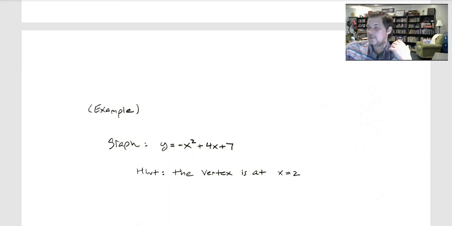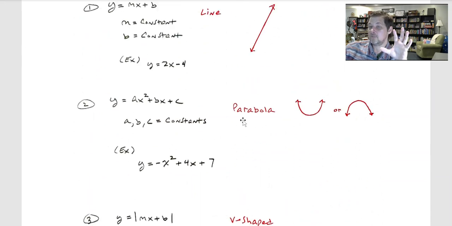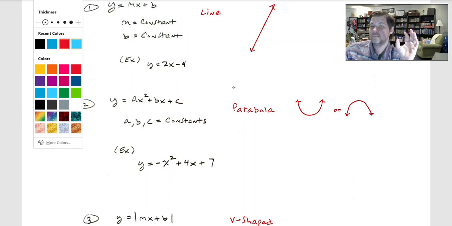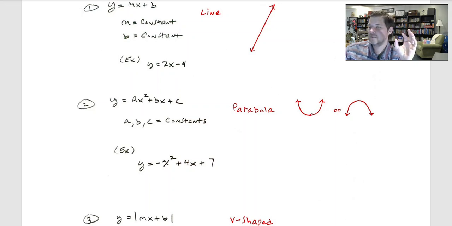Now, real quick, let me tell you about the vertex point and about this equation. What I'm telling you when I ask you to graph this and I give you the hint is I'm saying, well, this type of equation is a parabola, meaning it looks like a right side up or upside down U. In addition to that, of all the points on a parabola, one called the vertex stands out. The vertex is this point at the very bottom or this point at the top.